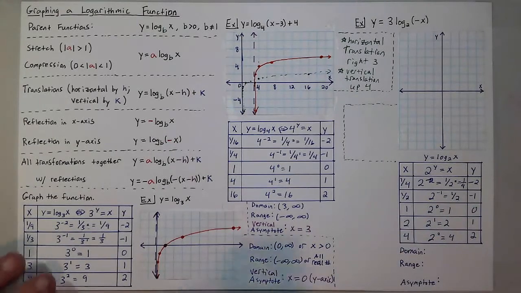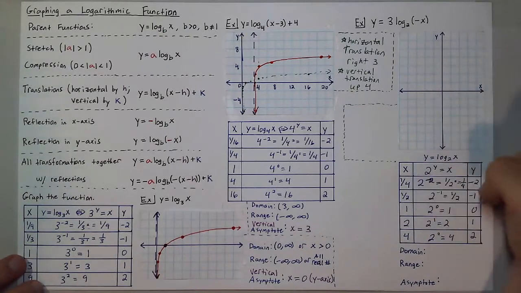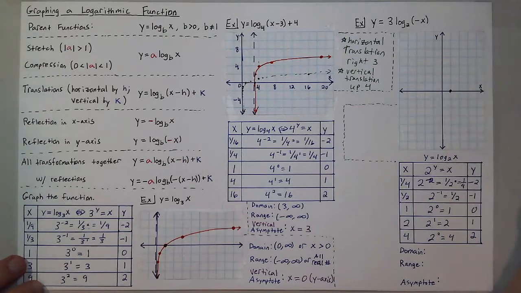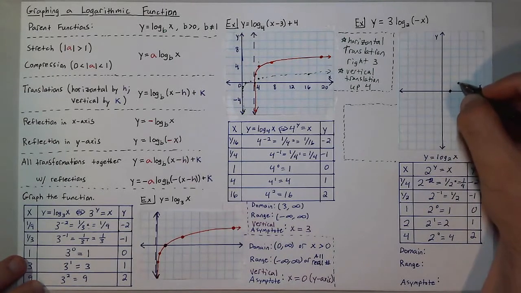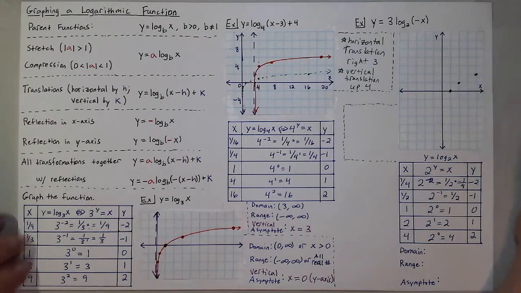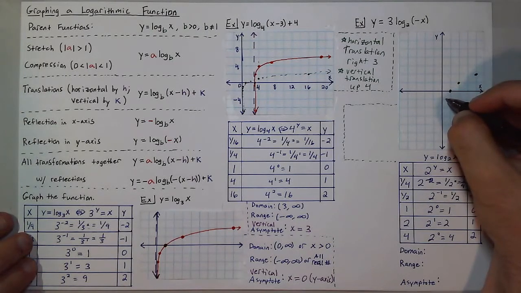And I'm going to plot this very lightly in green. So when x is 1, y is 0. Here I'm counting by ones again. When x is 2, y is 1. And when x is 4, y is 2. And then when x is 1/2, y is negative 1.